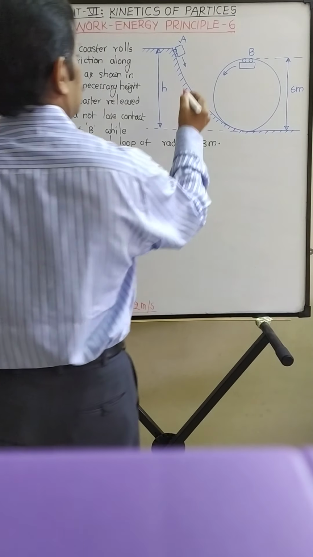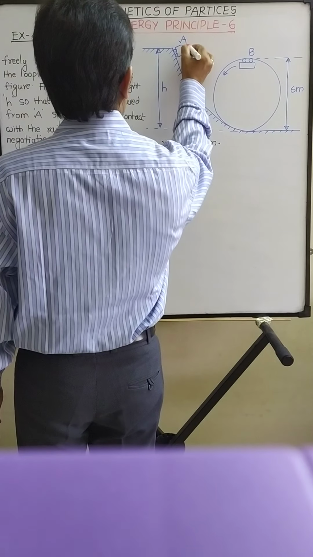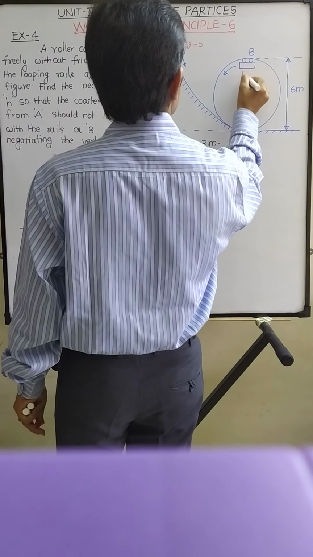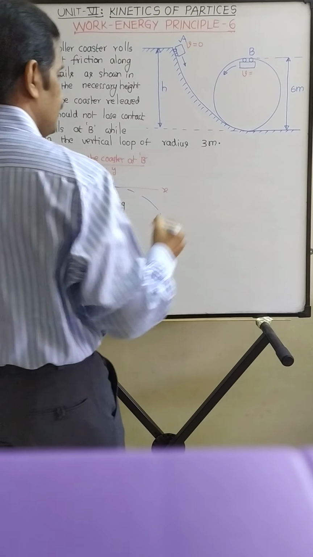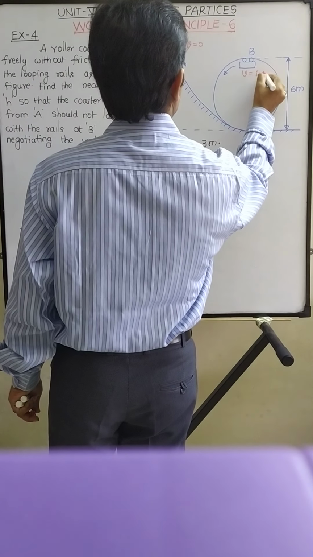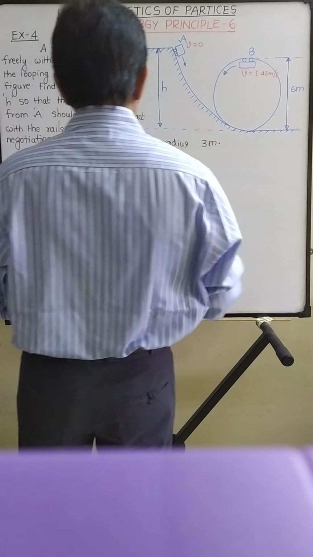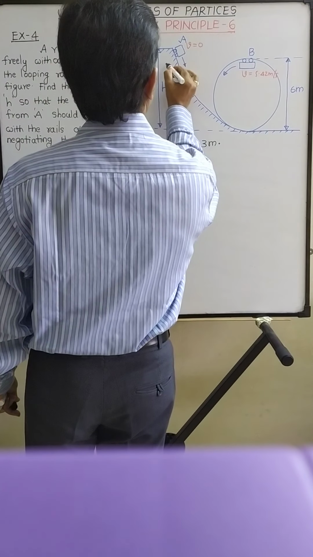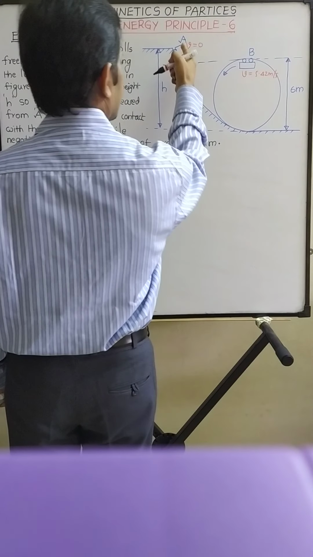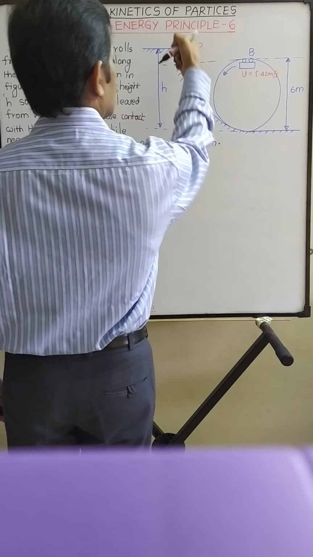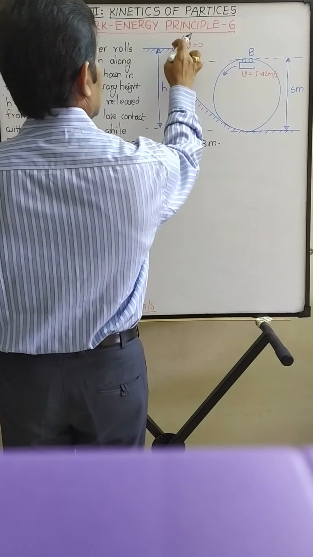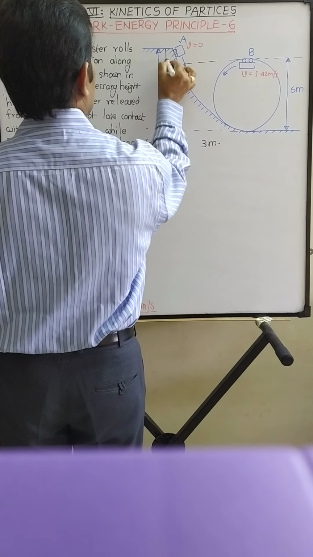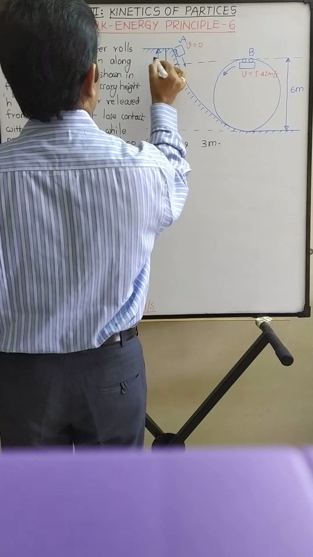So we have velocity or speed of the coaster at A as 0, speed of the coaster at B is 5.42 meters per second. Now what is the vertical displacement from A to B when the coaster is moving from A to B? So it is total h minus 6 and it is downward displacement, right?